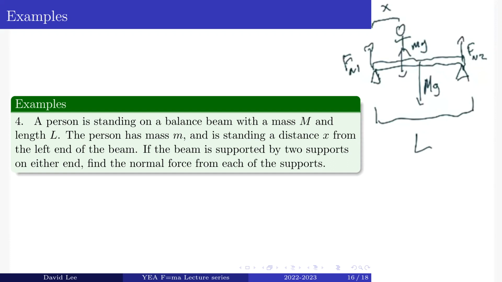So let's just take the person and the beam together to be our system. And the net force on that will be just Fn1 plus Fn2 minus mg minus Mg. And this has to be equal to 0.